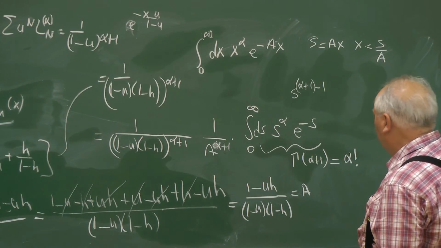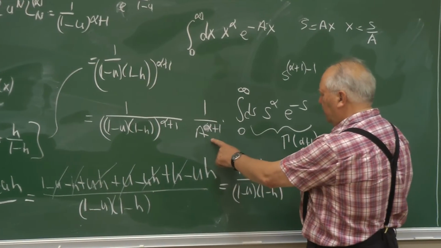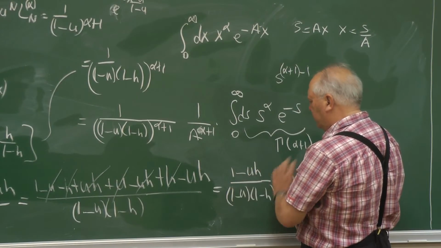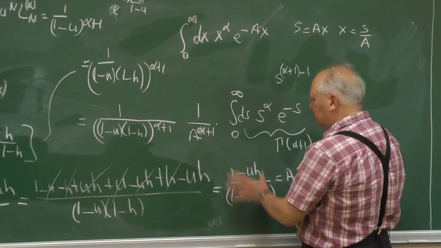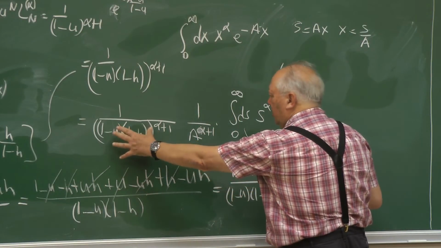All right. And a is this term. It is in the denominator. So in the denominator, we have (1 minus uh) to the alpha plus 1. And these are in the denominator with power alpha plus 1, and they cancel the whole thing.